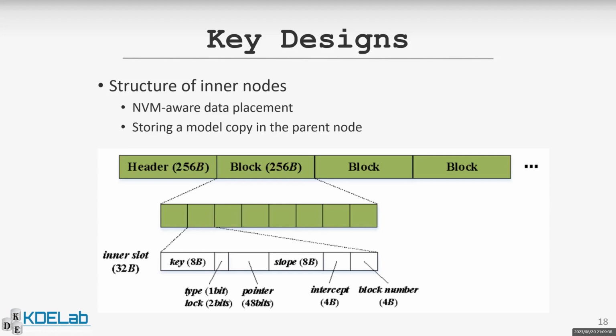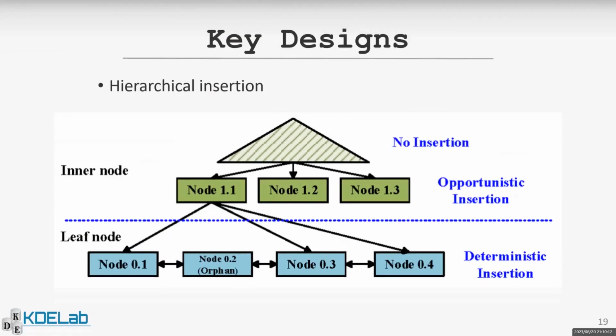Using these three parameters, it is possible to predict the position of the key in a child node without needing to visit the header of the child node. An inner slot also contains bits marking the node type and the log status. On today's AMD and Intel architectures, only the lower 48 bits of a 64-bit pointer are valid, and we integrate these special bits into the invalid bits of the pointer.